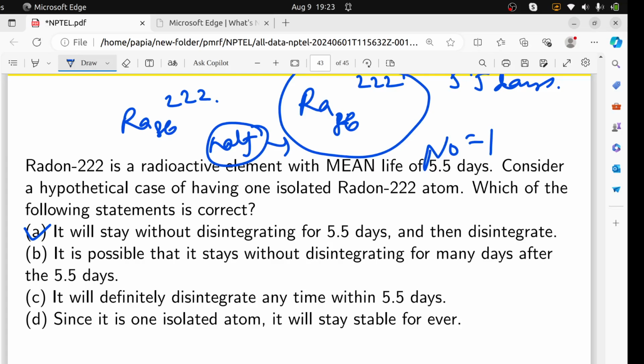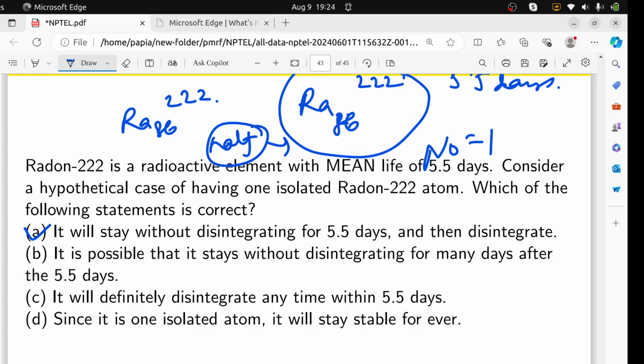But for the mean life case, as you said, mean life is the average lifetime, let's say 5.5 days, for this radioactive element to decay into the daughter particle. So for that case, it can be possible that within 5.5 days it can decay. But if we are talking about half-life only, then the first option will be the correct one.